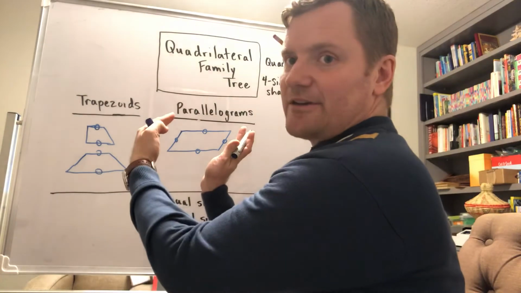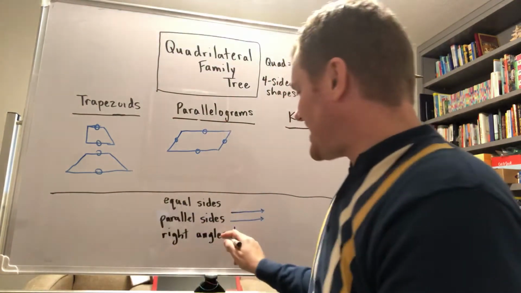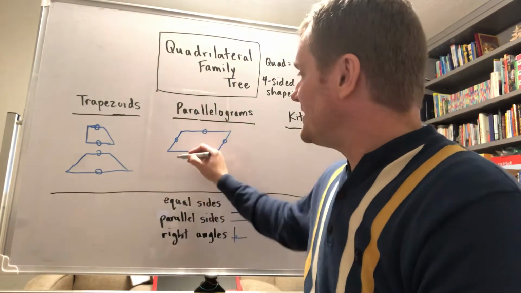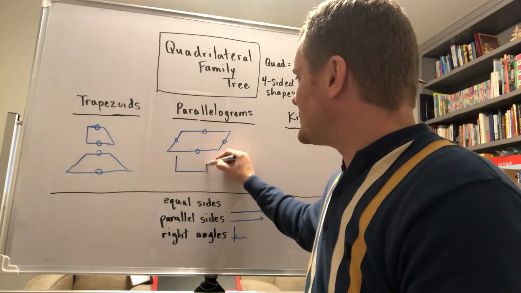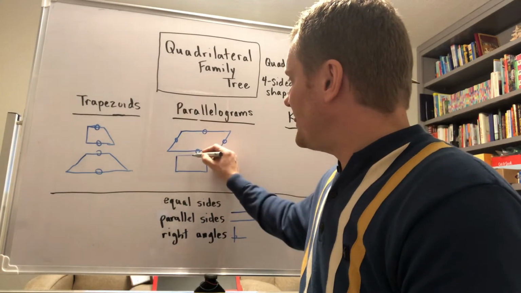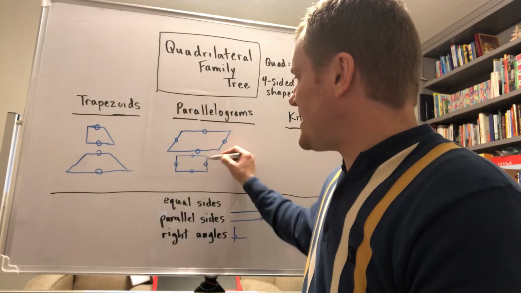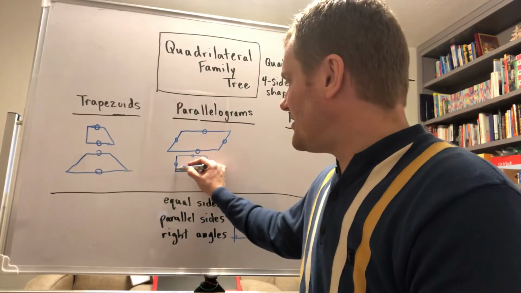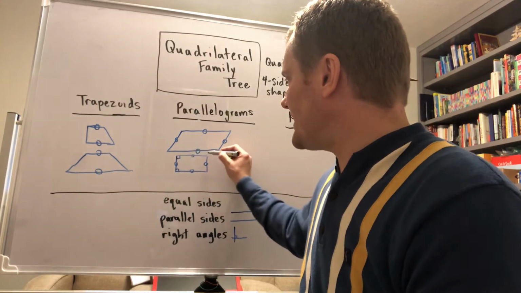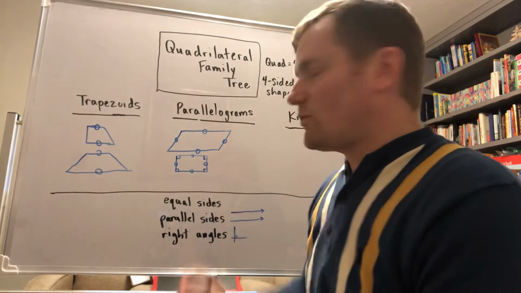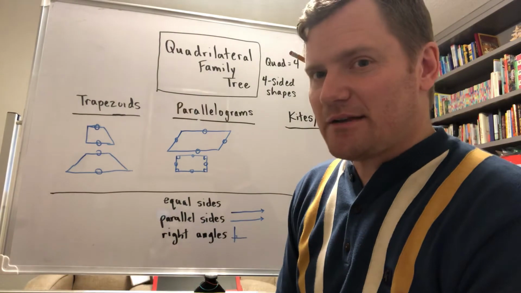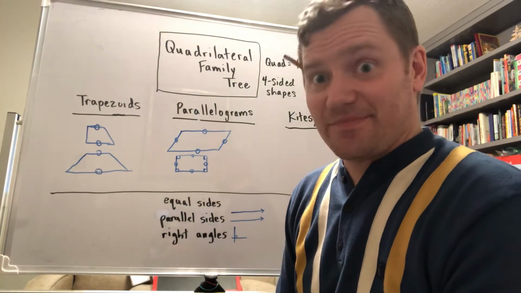If we took that angle and sort of straightened it up so that it had right angles instead, then it would look something like this. This line is parallel to this, and this line is parallel to that. But now, all the angles are right angles. When we have that special type of parallelogram, what does that look like to you?